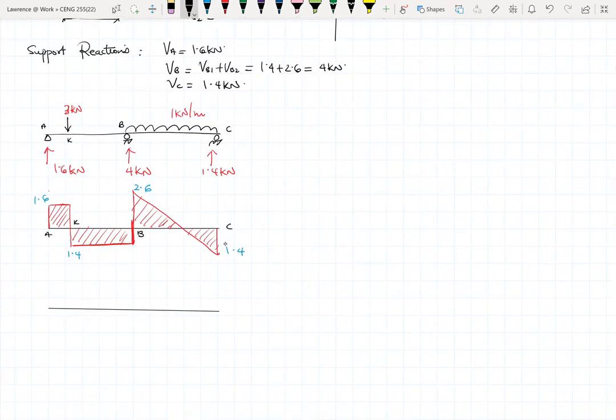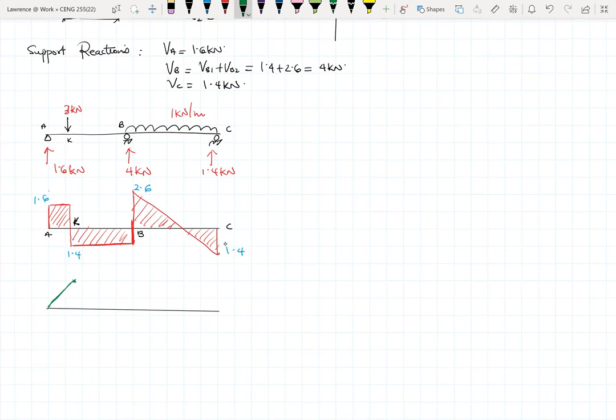At K, our moment becomes 1.6 times 2, which gives us 3.2. That's not anything strange. So this is 3.2 somewhere here, with a straight line.